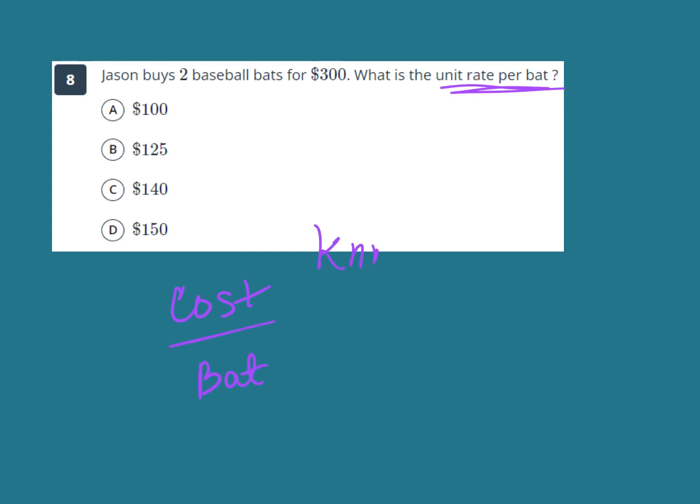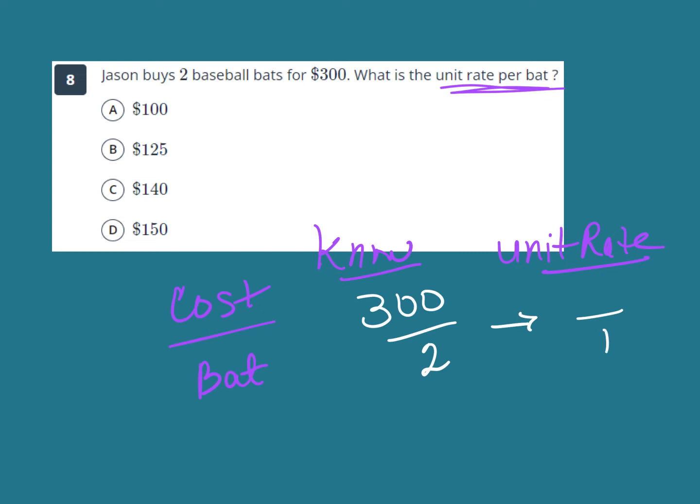What we know is that it's $300 for 2, and we want to know how much it is for 1. So really simple. All we're going to have to do is divide. I know most of you have already done it. 300 divided by 2 is 150. So it's $150 per bat. There's my answer. Choice D.